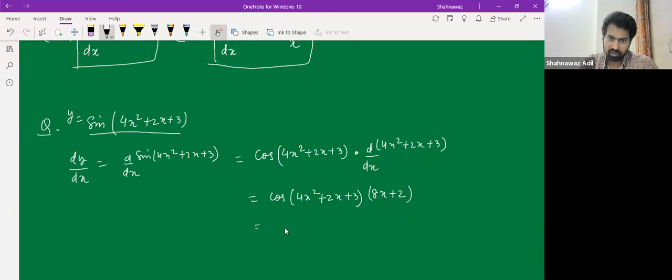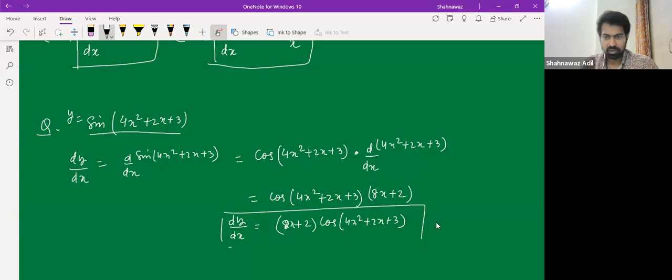So we can write it as 8x plus 2 into cos of 4x square plus 2x plus 3. So this is dy by dx. Understood?